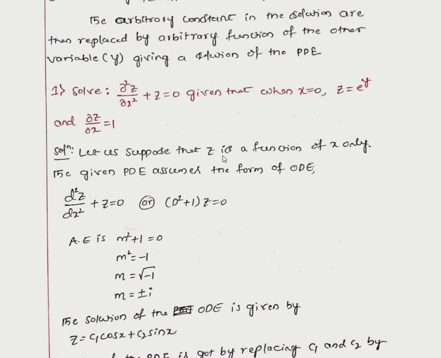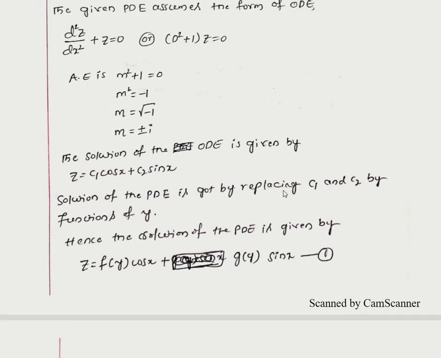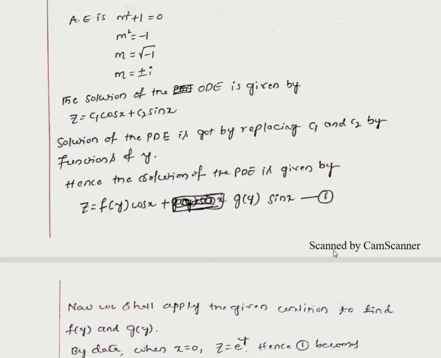Initially we have taken z as a function of x, so the constants are functions of y. Therefore, C1 is replaced by f(y) and C2 is replaced by g(y). Hence z = f(y) cos x + g(y) sin x. This is equation 1.